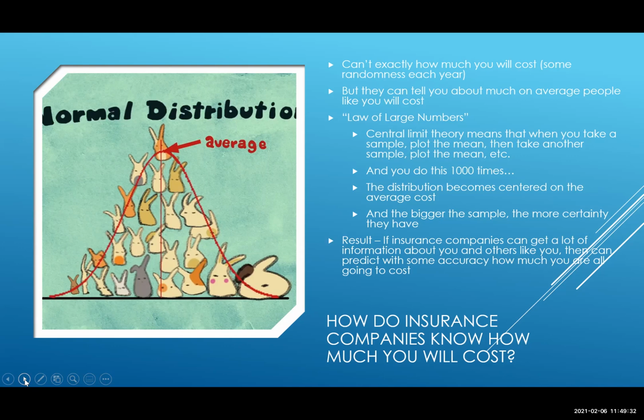So larger insurance companies are able to charge less, not just because they're spreading the cost across more people, but also because they have a better idea of how to predict what their cost layout will be. The result is if insurance companies get a lot of information about you and others like you, they can predict with pretty good accuracy how much you are going to cost them.